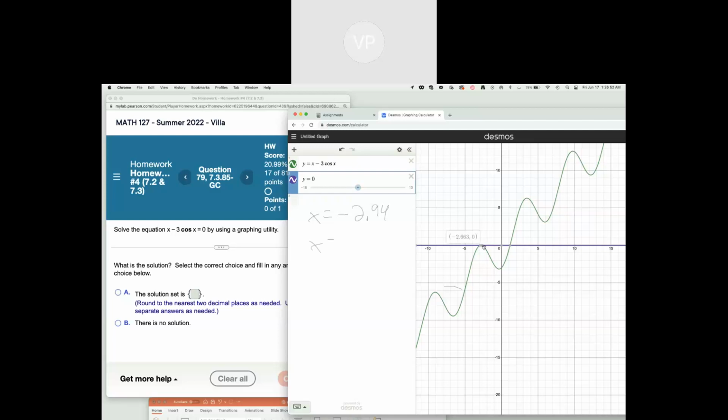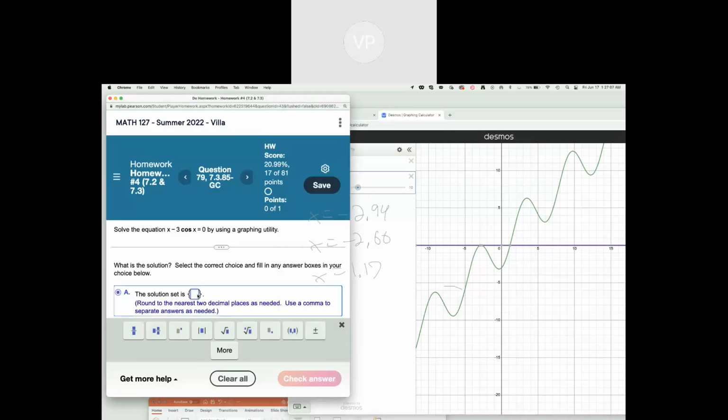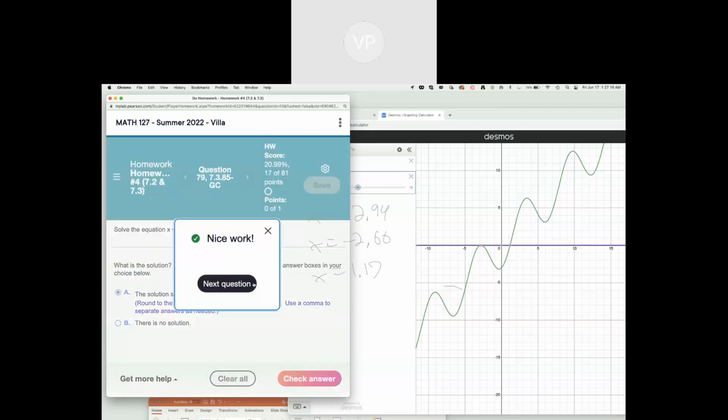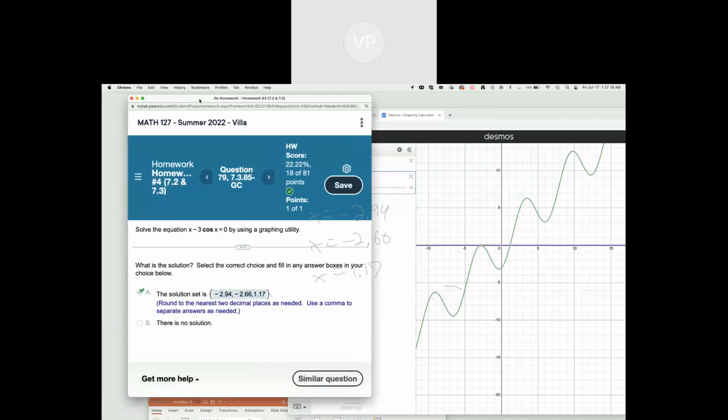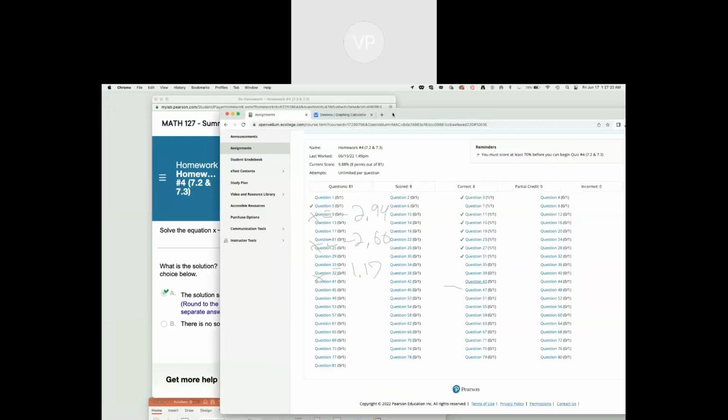The one right next to it, there's another one, negative 2.66. And I see another one, right there, 1.17. So I'm just writing them down so that I can type them in faster here. Negative 2.94, negative 2.66, 1.17, and that's it for the homework there.